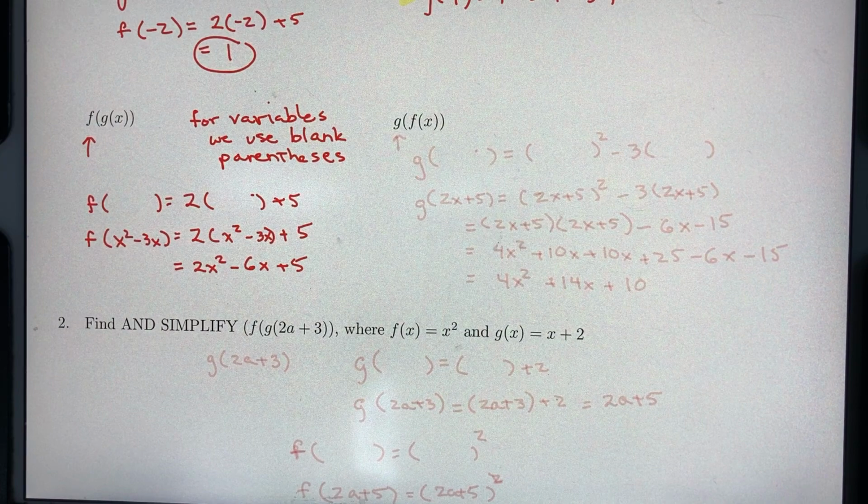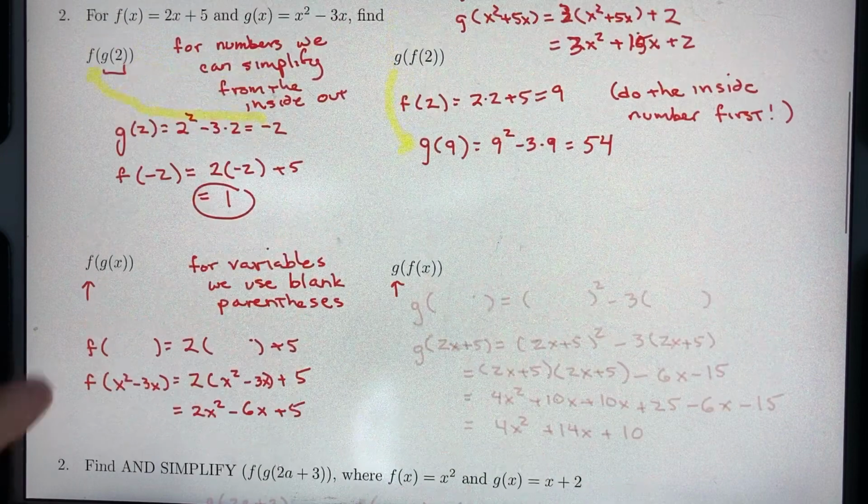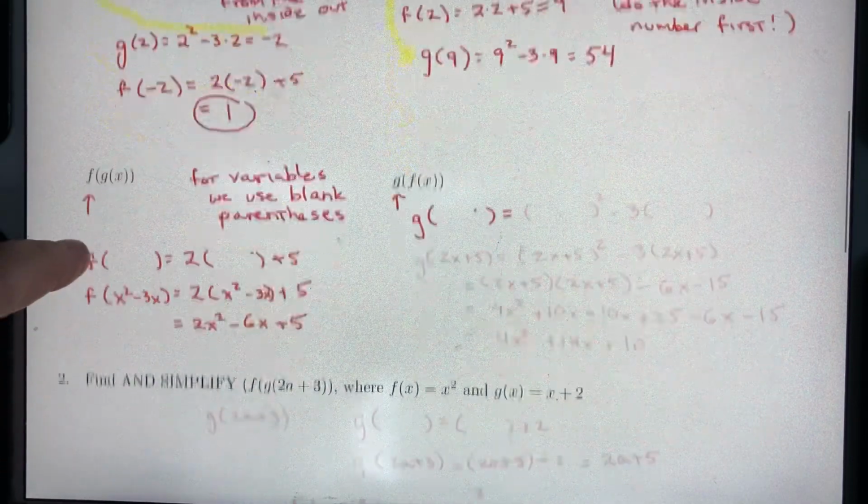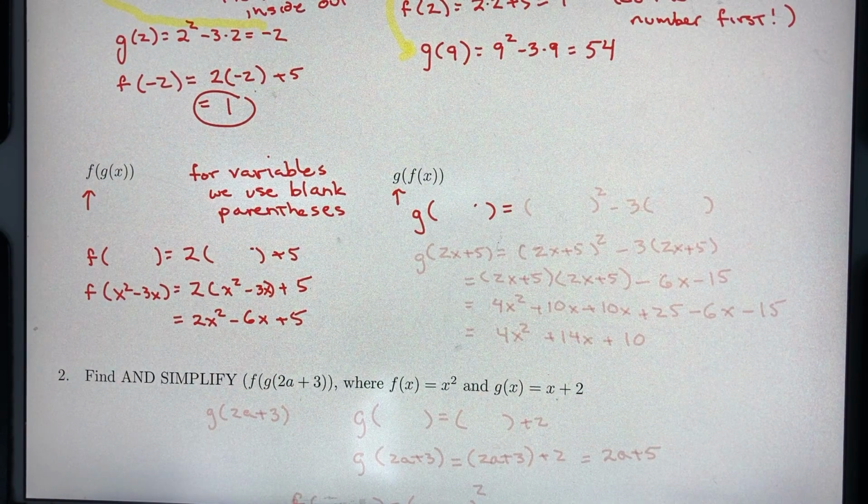G of f, again, we use the template for g, blank parentheses for g. I make the parentheses have some space because I'm stuffing something complicated like f into it. G of thing is thing squared minus 3 thing. Okay, and so let me copy that down again. You don't have to, but I want to show you the process for those of you who aren't listening while you write things down. We're sticking f inside.